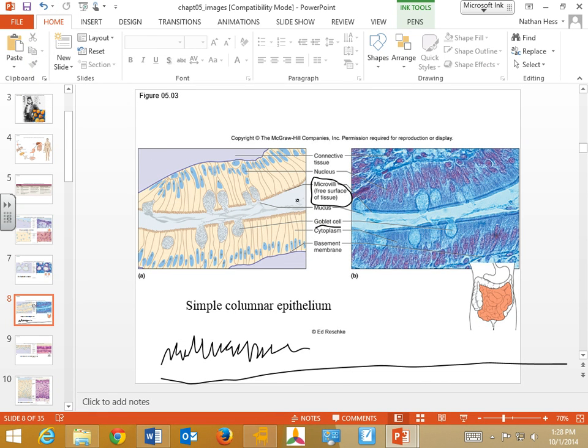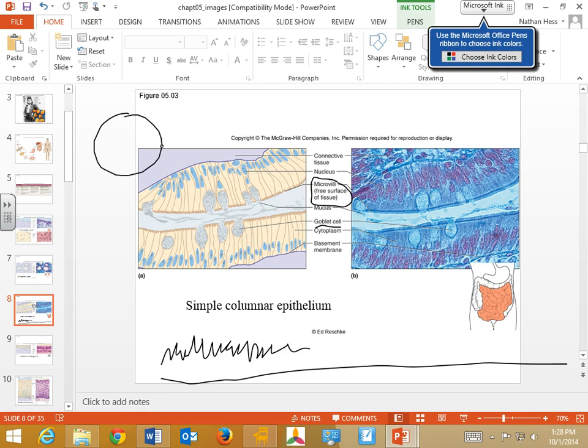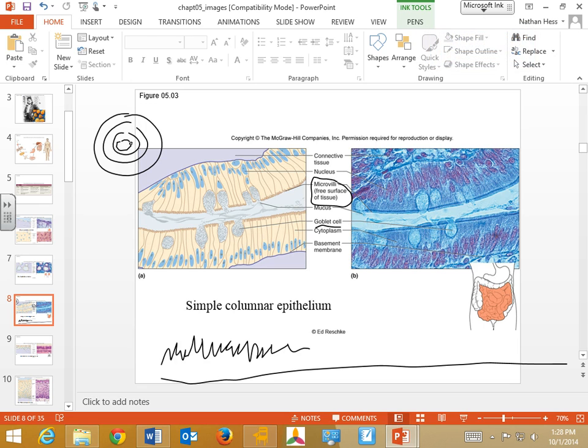But let's see if I can draw you something up here. No, I'm sorry, the innermost. So you have this big tube. Let's say I took the small intestine and I cut it into its tube, right? There's going to be a lot of different layers here that make it up. This innermost layer, that would be this simple columnar epithelium.